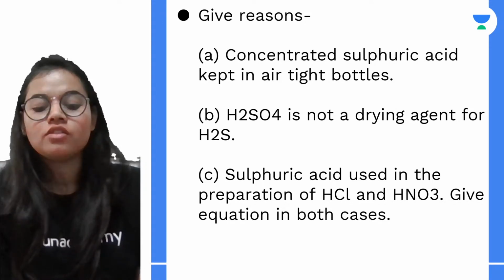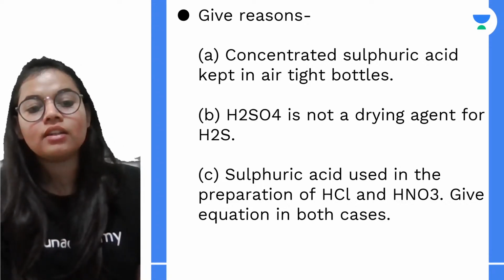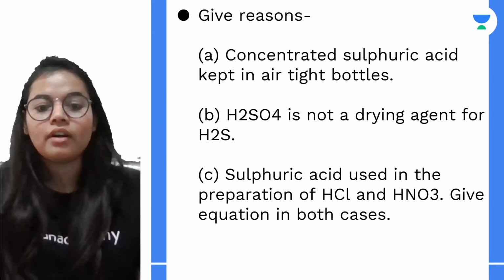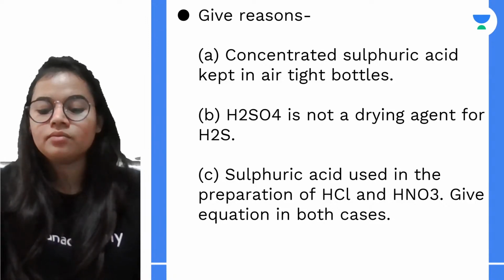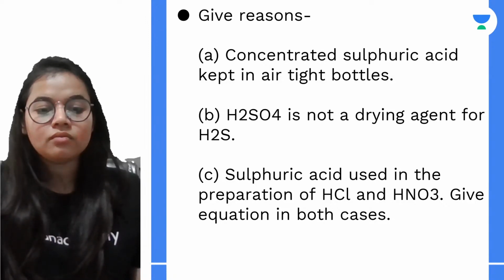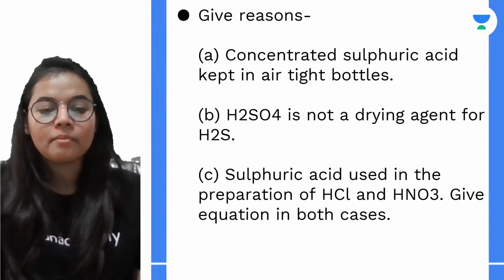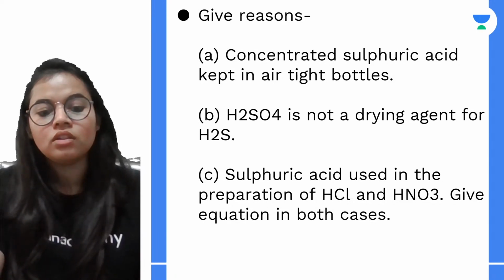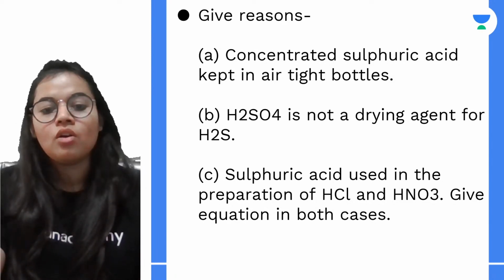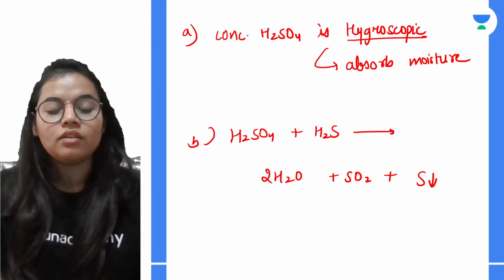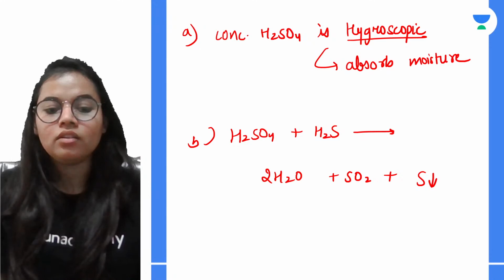So the basic reason is जो हमारा ये sulfuric acid होता है in the concentrated form, इसका nature होता है hygroscopic. Hydrogen sulfide, what's the reason? Why cannot we use it for the drying agent? Understood everyone?